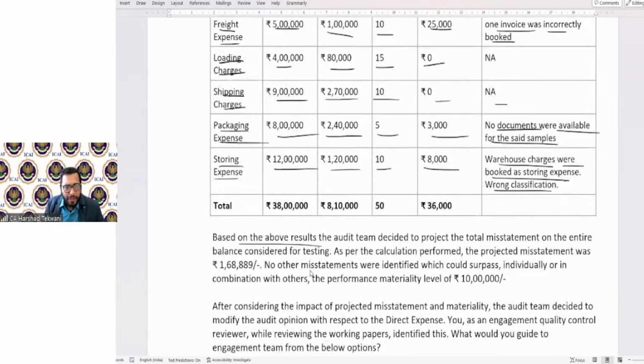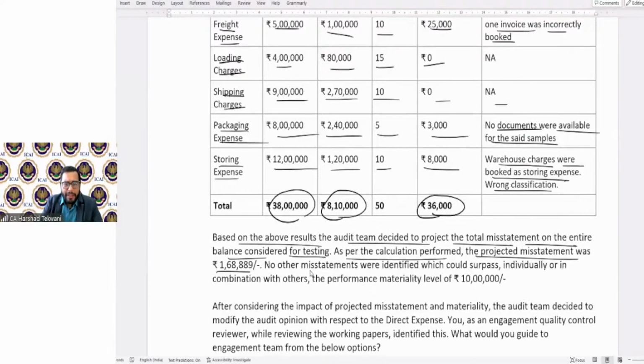Based on the above results, the audit team decided to project the total misstatement on the entire balance considering the testing. As per the calculation performed, the projected misstatement was this much. They took the 36,000 for 8,10,000 and projected it on the total population.